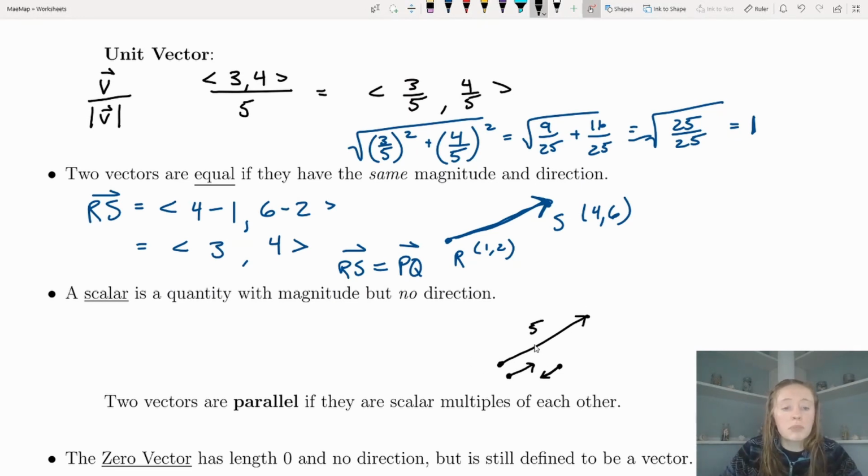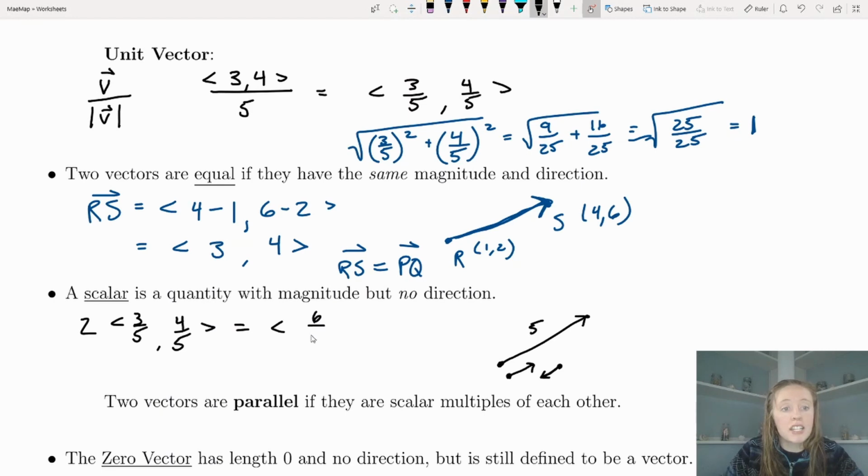I could also simply scale my unit vectors by multiplying them to make a vector of any length I want in that direction of PQ. So for example, if I took that 3/5 and 4/5, and let's say as opposed to having a length of 1, I wanted this vector to have a length of 2, all I would need to do is multiply that unit vector by 2 to create a vector of length 2.